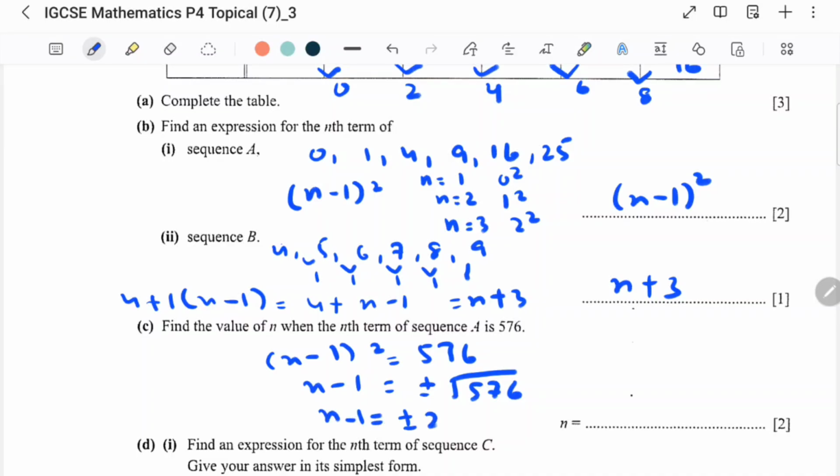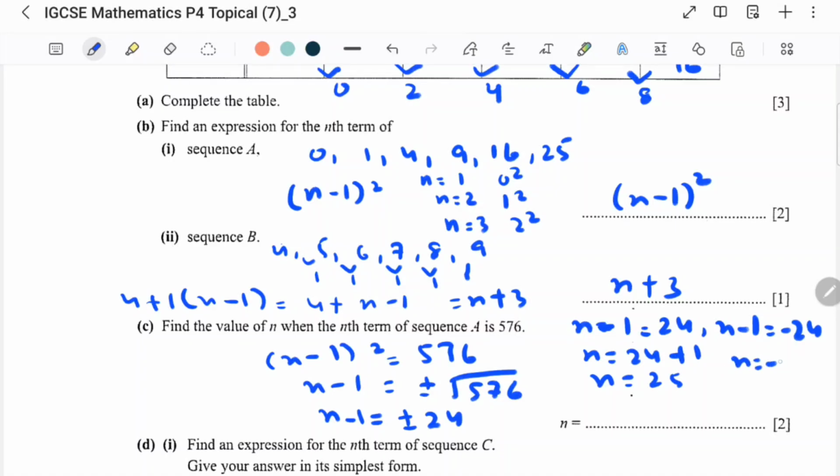So n minus 1 is equal to 24, and n minus 1 is also equal to minus 24. n is equal to 24 plus 1, which is 25, or n is equal to minus 24 plus 1, which is minus 23. Minus 23 cannot be a term, so 25 is the answer.